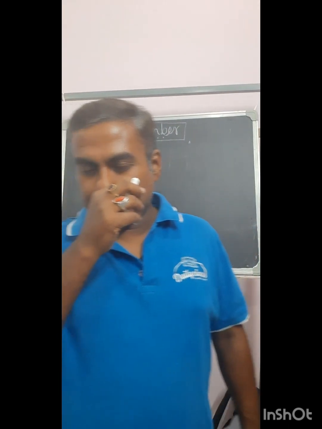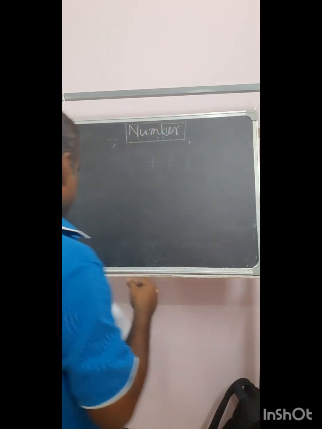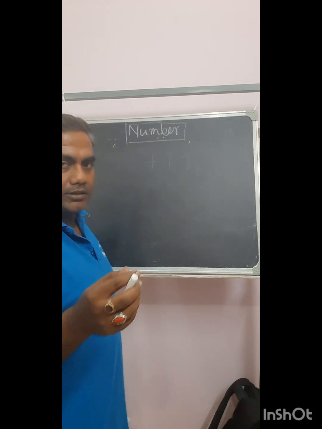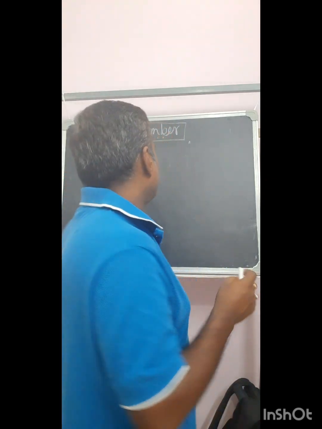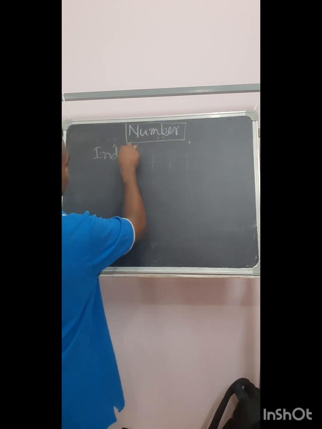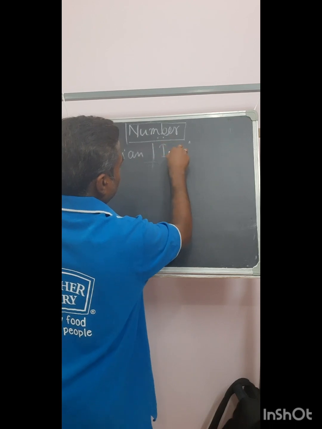Welcome back. This is the second chapter on number. I will start with the standard of number which is followed in different segments of this world. In India, in some cases it differs from the international standard.